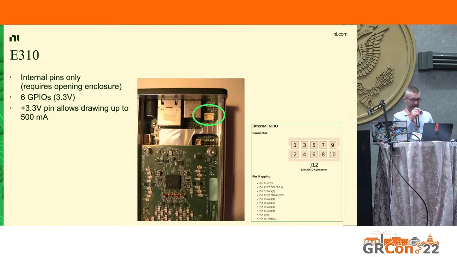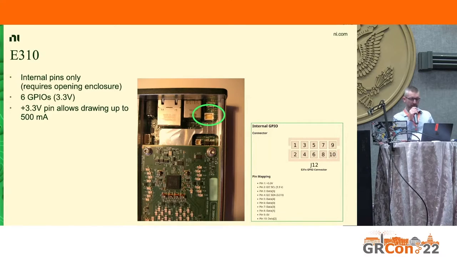The E310 is probably our worst offender when it comes to GPIOs. Like I said, this is something we evolved over the years, and when we built the E310, this was not on the top of our minds. But to get to the actual connector, you have to open the box, which, I'm not gonna lie, is a disadvantage. And the connector is also not the most common. I think it's a 2 mil pin spacing connector.